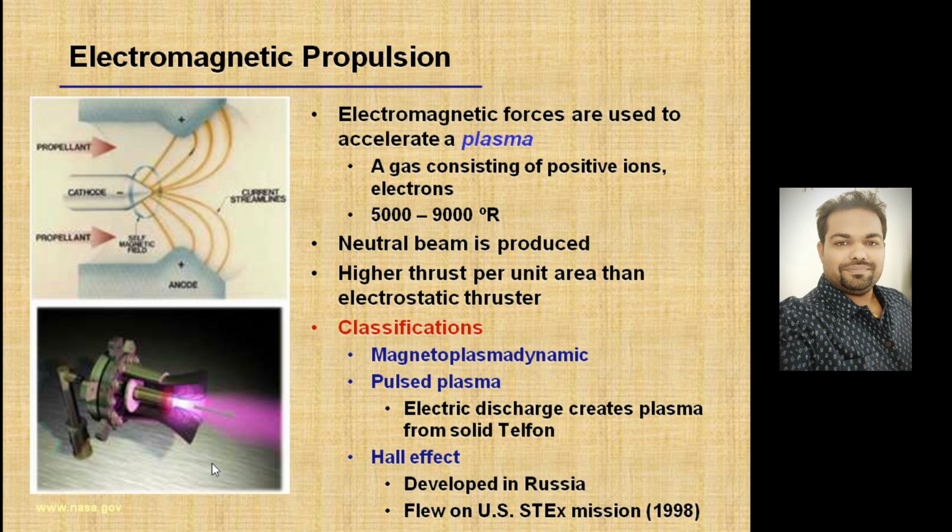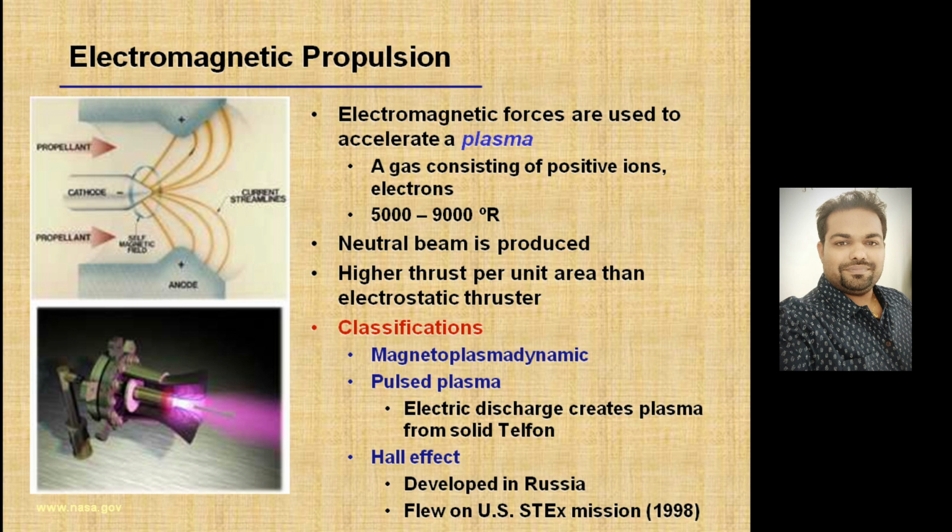It was developed by Russia, and it was used on the US STEX mission in 1998. This STEX mission is a satellite mission program. It was a low cost and low mass technology demonstration mission sponsored by the US NRO. NRO is the National Reconnaissance Office.